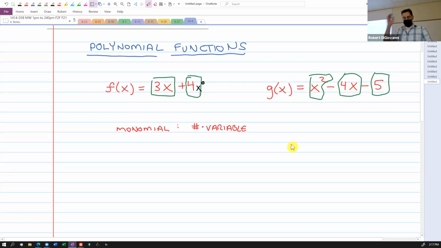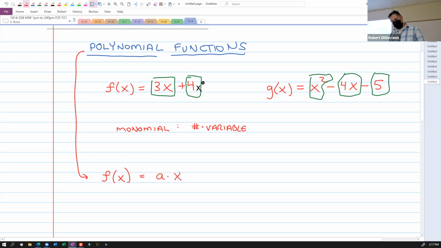So in general, a polynomial function is going to look like this. It's going to be some number in front of x, and that x will be raised to some power. So I'm going to write that down. I'm going to have some number a times x to some power n. I don't know what the power is. It could be x squared, could be x to the first power like the line, or it could be x cubed or x to the 4th or 5th or 6th.